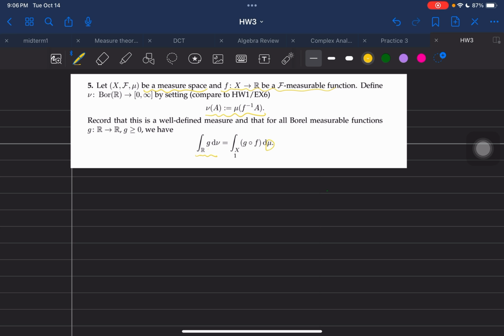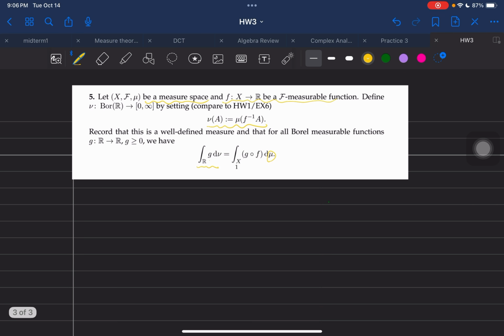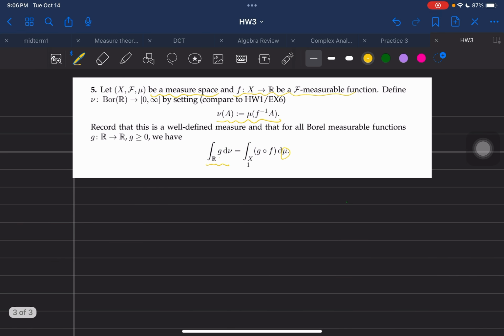Okay, so the first part is easy. Let's recall the definition of the measure. For a function to be a measure, we have to satisfy two properties. The first one is nu of empty set equals 0.